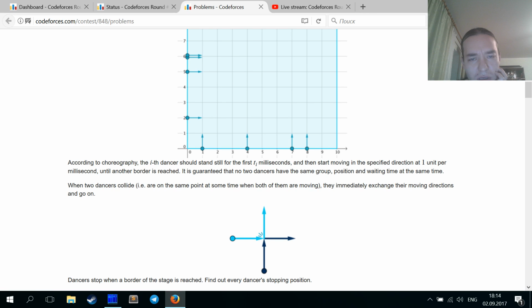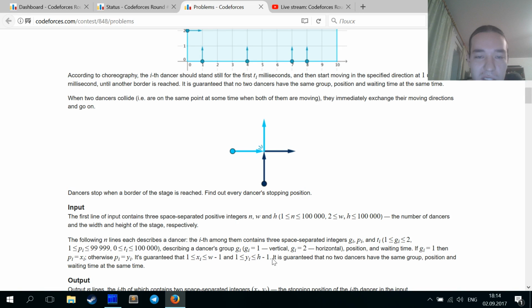But since we have to find the actual final position of everyone, that may get a little more complicated. So we actually want to find the permutation of all the guys in the final configuration.